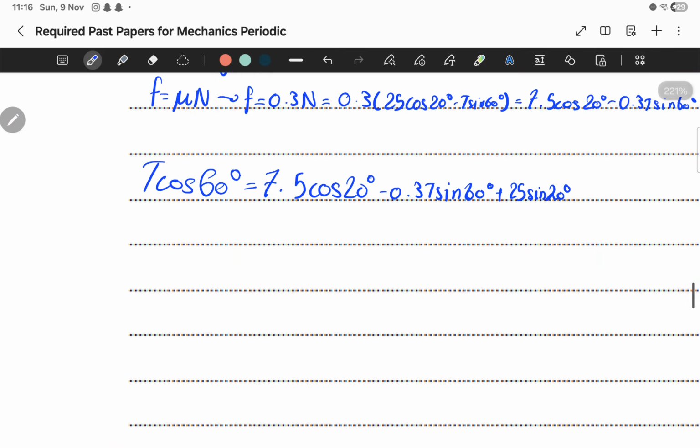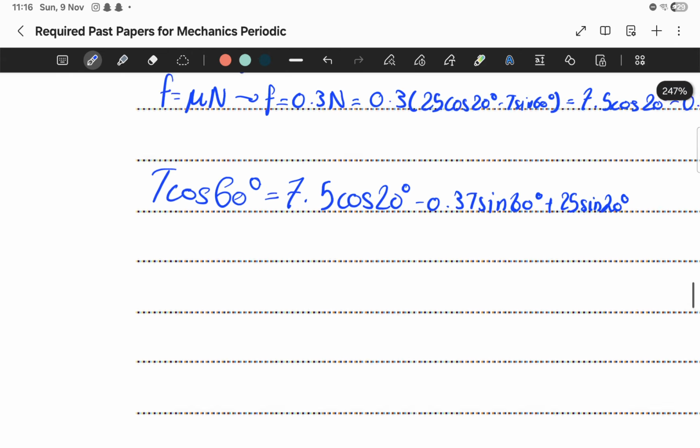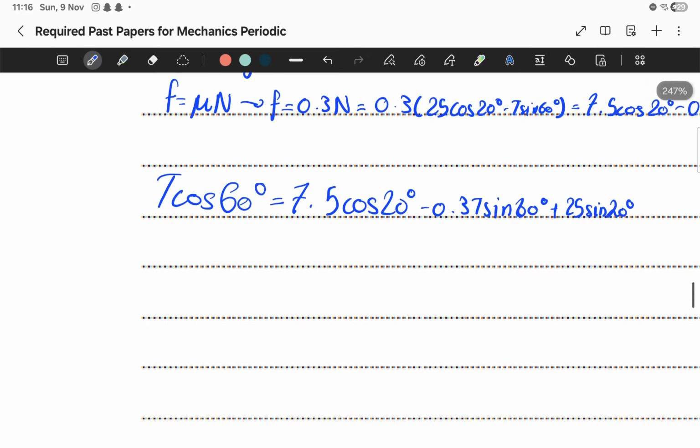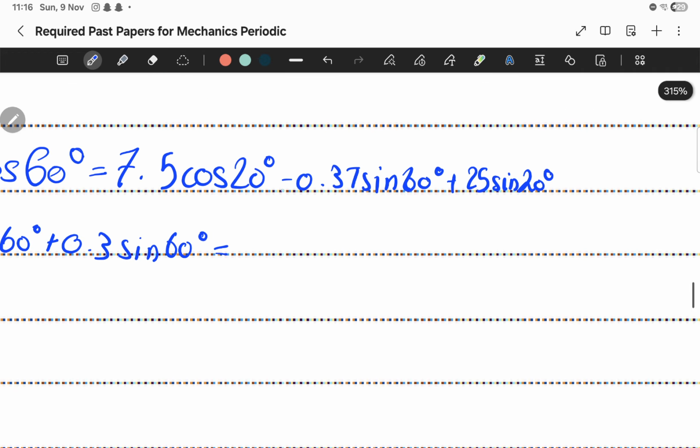This has been a long and tedious process for absolutely nothing. I'm repeating the same problem twice. It's not very nice. So take everything to one side. T cos 60 degrees plus 0.3 sine 60 degrees. We'll leave everything else the same. So 7.5 cosine 20 degrees plus 25 sine 20 degrees.